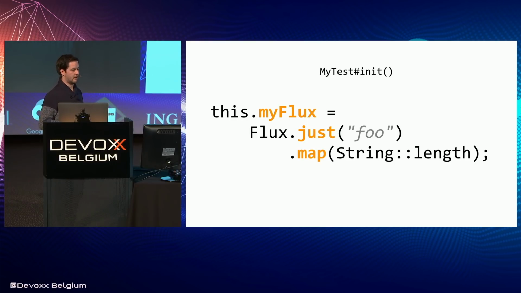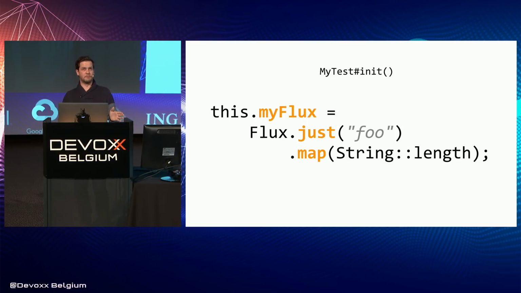So you will say, okay, I have a variable, myFlux. I'll assign to that Flux.just of foo. So it captures the string foo, and whenever you are interested, it will emit foo to you. And then the next step is it will emit foo to map, and it will transform that into the length of that particular string.